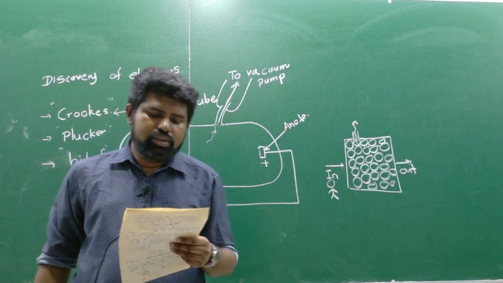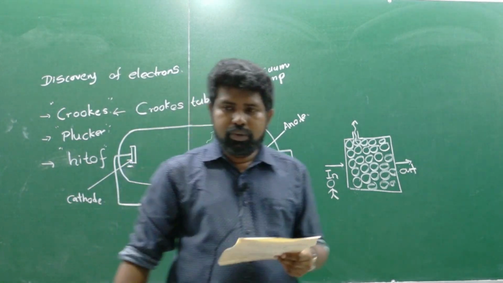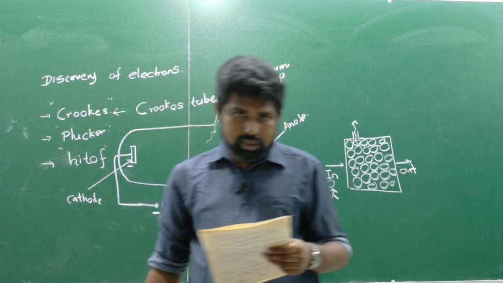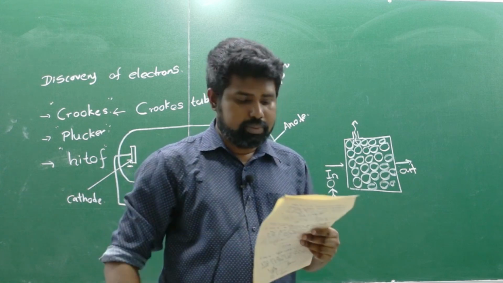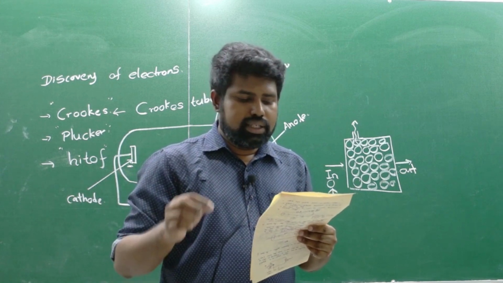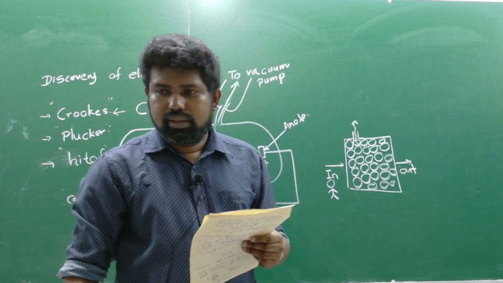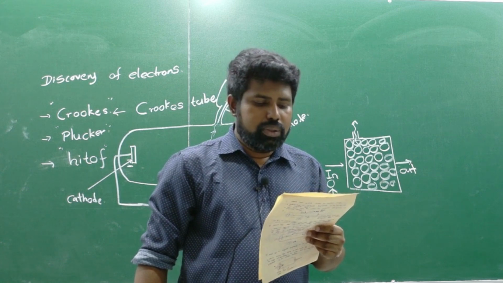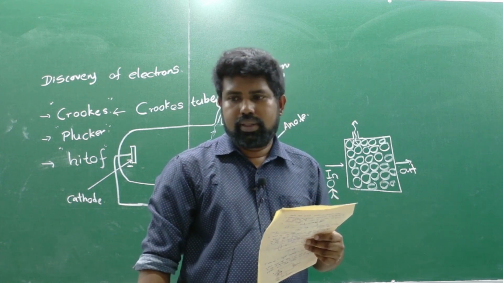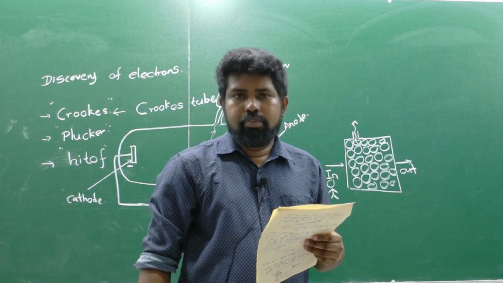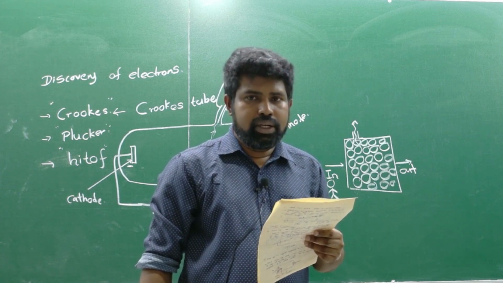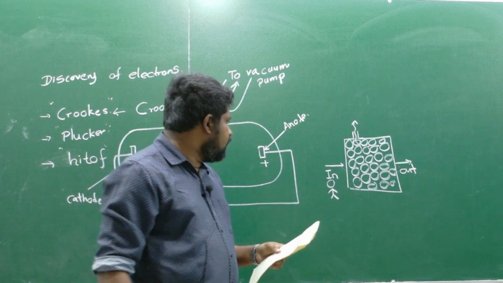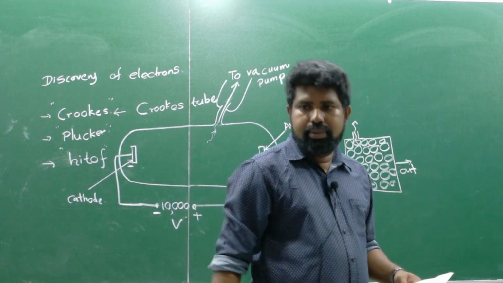Okay, write down. William Crookes invented a glass tube sealed with two metal electrodes at opposite ends.